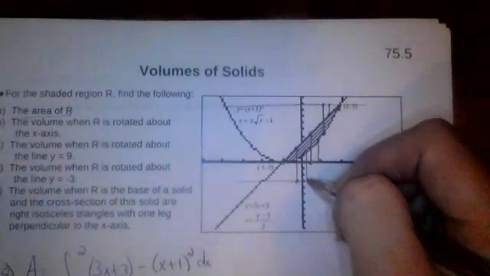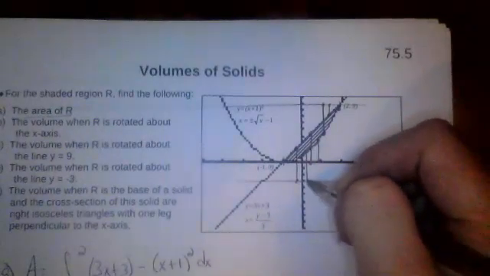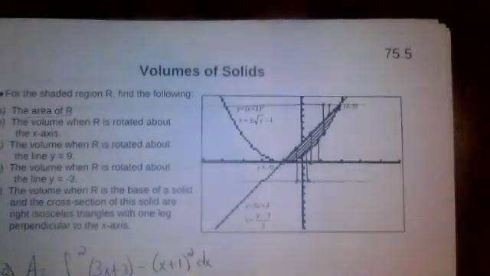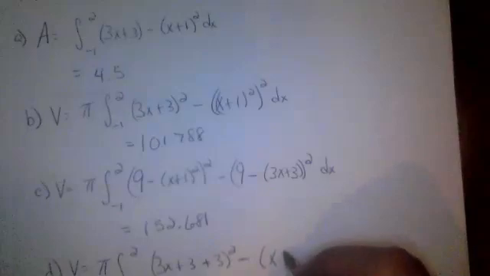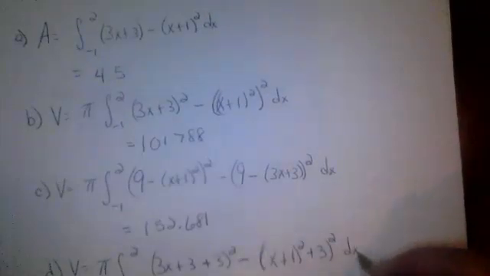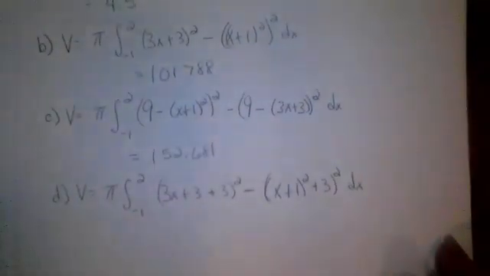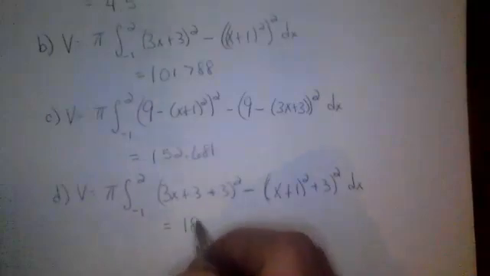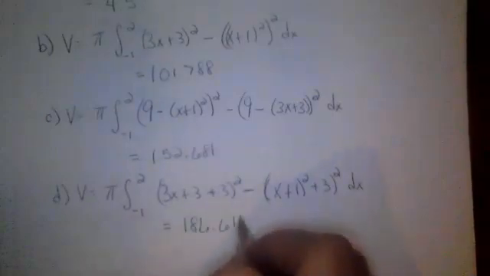The smaller radius is the curve, or the parabola, minus negative 3. So x plus 1 squared minus negative 3, or plus 3 squared. You can see that. All right. And so that one should give us 186.611.